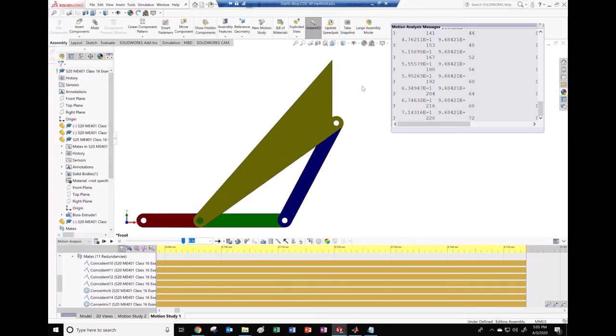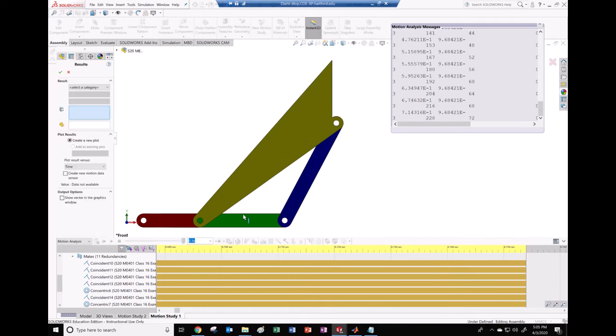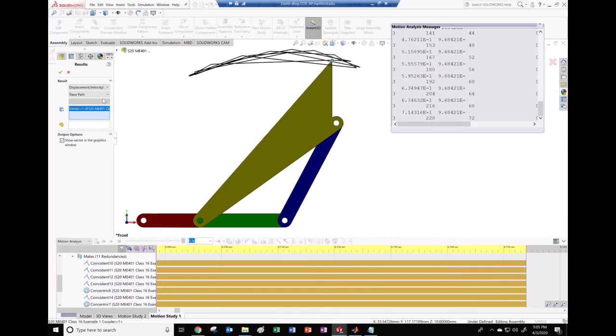That's almost exact. All right, so let me take a look at the results first. I hit this graph button right here, and I want to hit the displacement and trace path, and I'll pick the point that's right up here, that vertex, and you can see how bad that is.